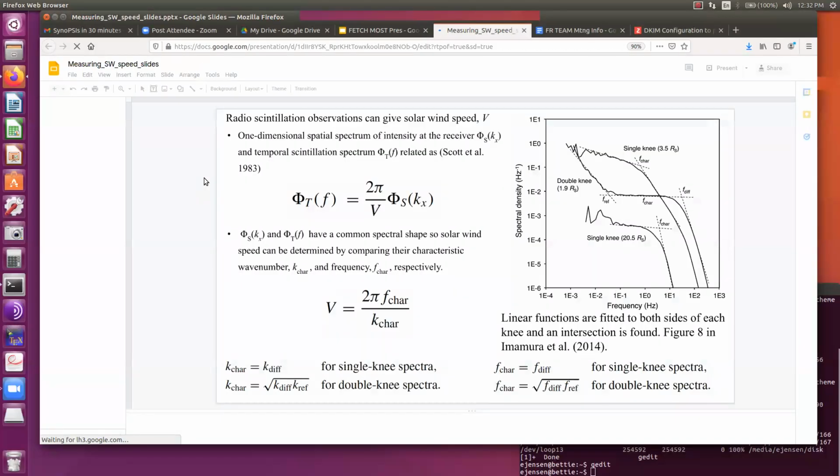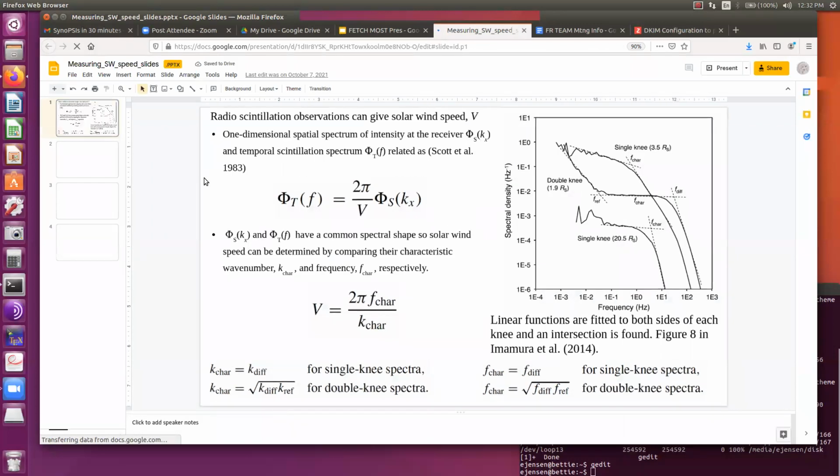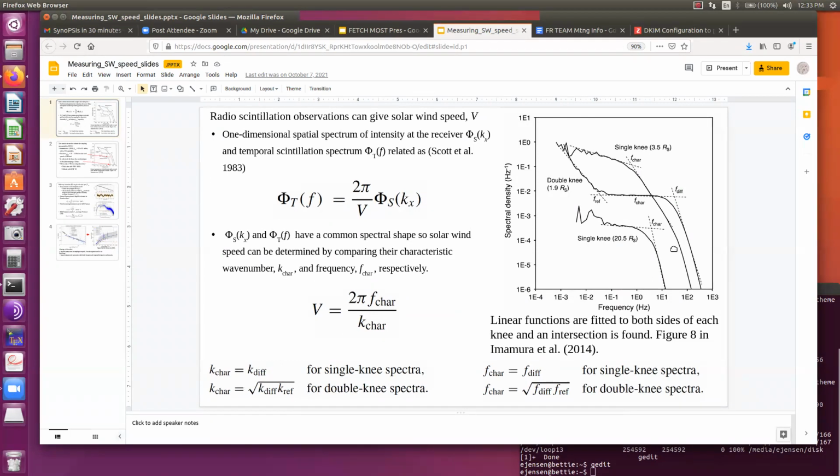Okay, velocity. All right, so let's see how this pulls out. You can get velocity along your line of sight, like the way I talked about. You have your magnetic field, you have your density through total electron content. You can also do your velocity by looking at characteristics of that frequency fluctuation. So not only can you use it for density, but how it varies with frequency, you can also use to calculate velocity.